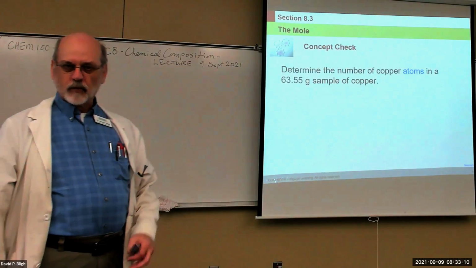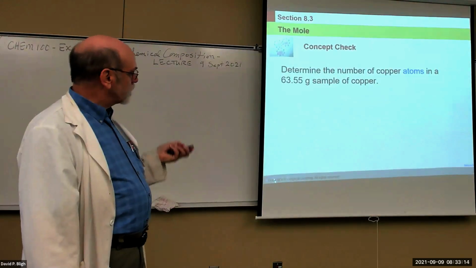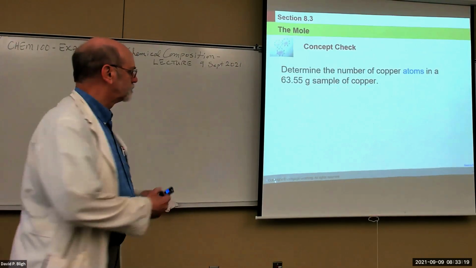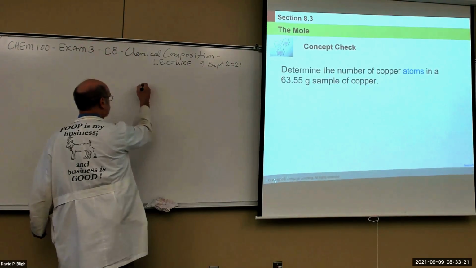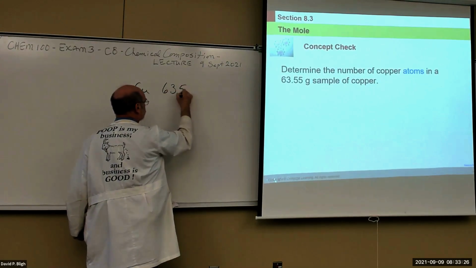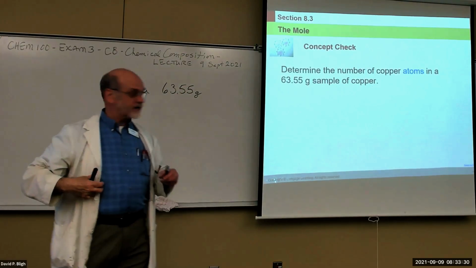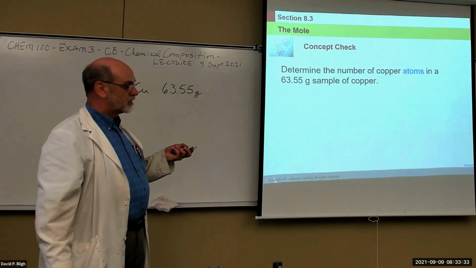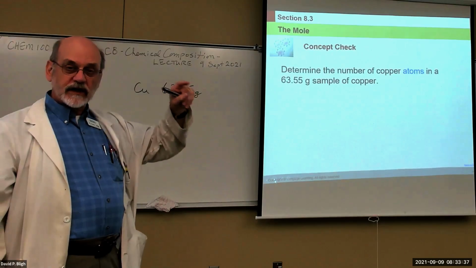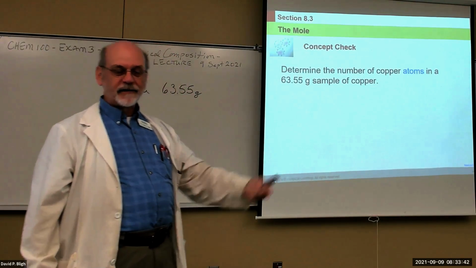Suppose we use what we know now to answer this question. What's the number of copper atoms in 63.55 gram sample of copper? So we know we have copper, that's given, and we know our sample is 63.55 grams. So if we're going to convert that to the number of atoms, we need to determine how many moles that is first, and then we can springboard the moles into numbers of atoms.